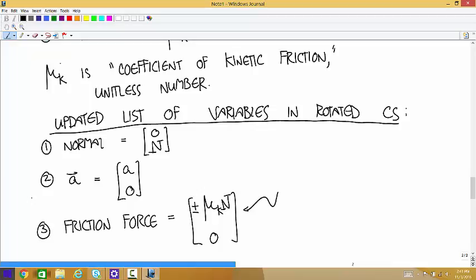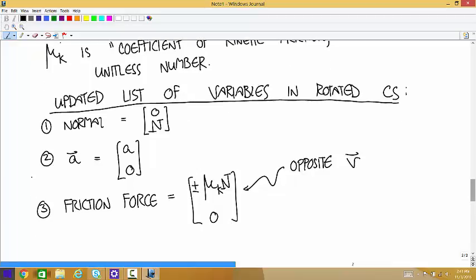And this has to be opposite the direction of the velocity. Yeah, it's always going in the opposite direction of velocity because it's always trying to slow it down.